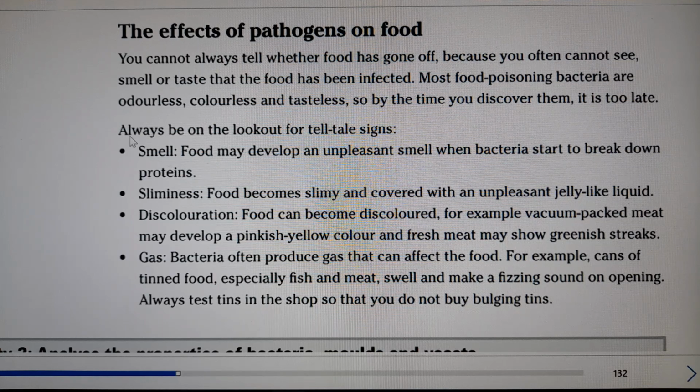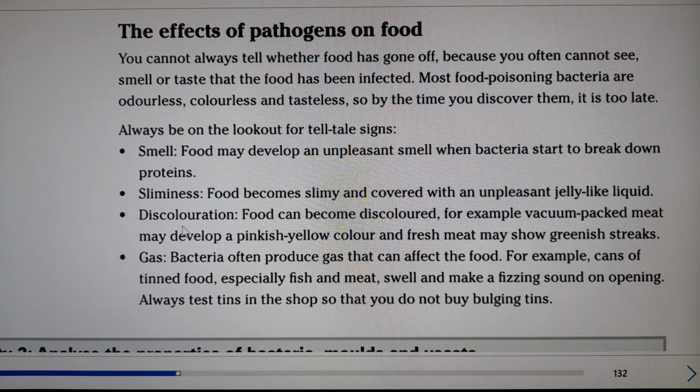So what to do? Always be on the lookout for telltale signs. You must smell food. Food may develop an unpleasant smell when bacteria start to break down proteins. Sliminess: food becomes slimy and covered with an unpleasant jelly-like liquid.